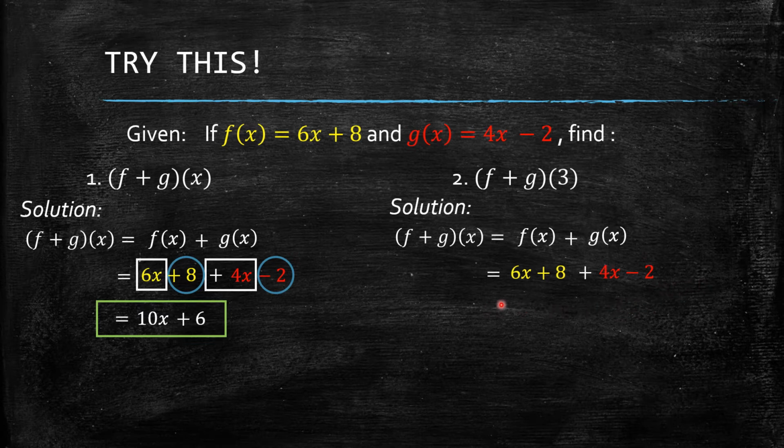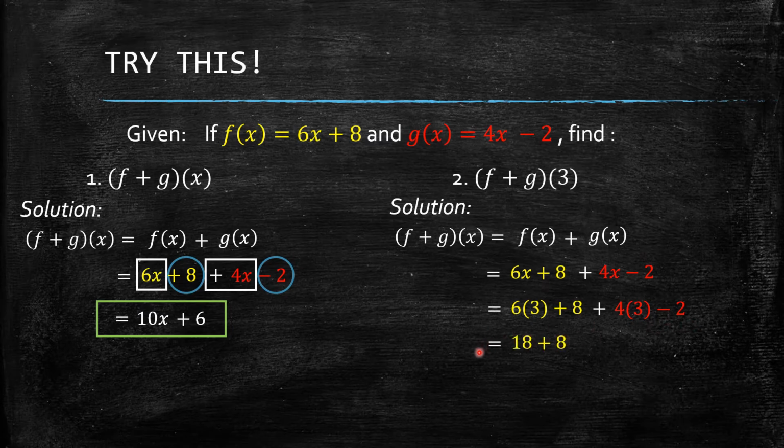Next, we will change the value of x with the number inside the parentheses. The number inside the parentheses is 3. So we will replace x with 3. And we will have 6 times 3 plus 8 plus 4 times 3 minus 2.